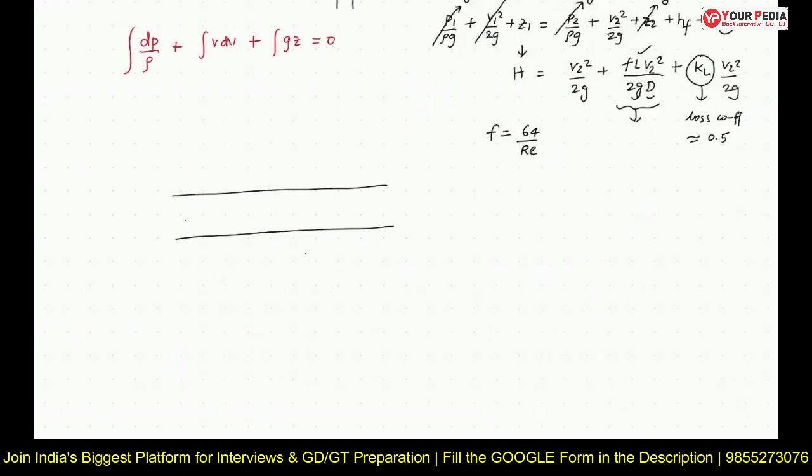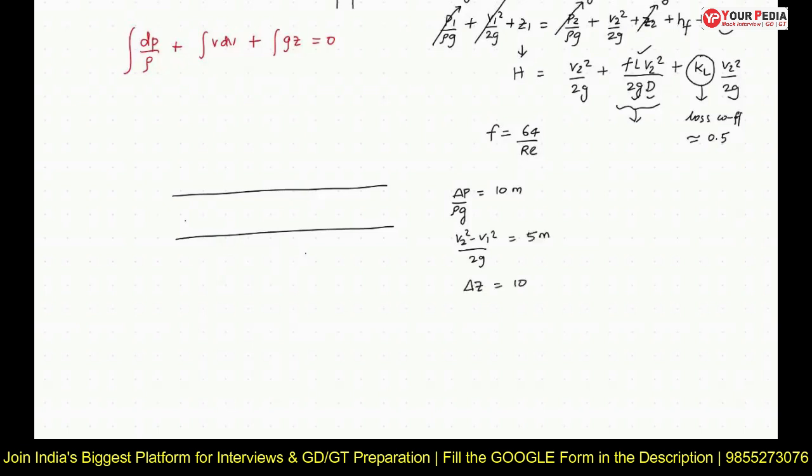The pressure head is 10 meter, and the velocity head is equal to 5 meter, and we have a potential head of 10 meter. The kinetic head is 5 meter.